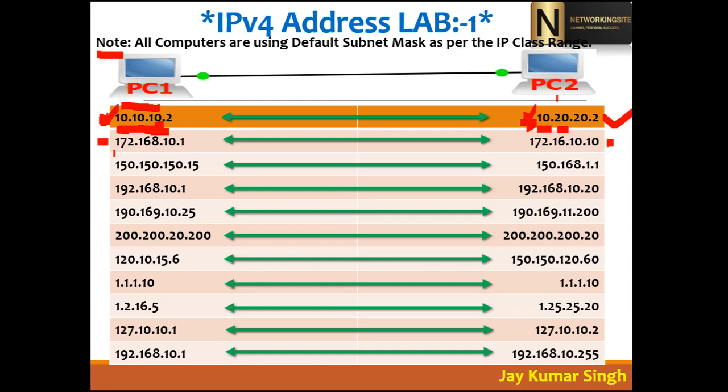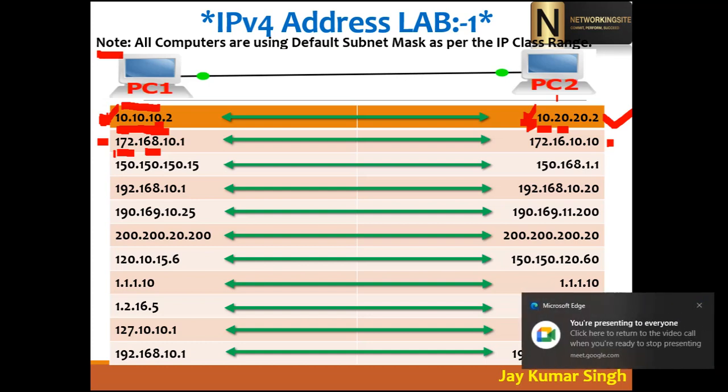How many network parts are in class B? We have 2 network parts in class B, right? So the first part is matching, 172 here.